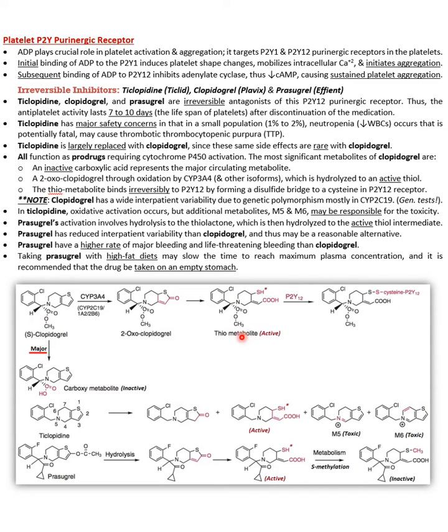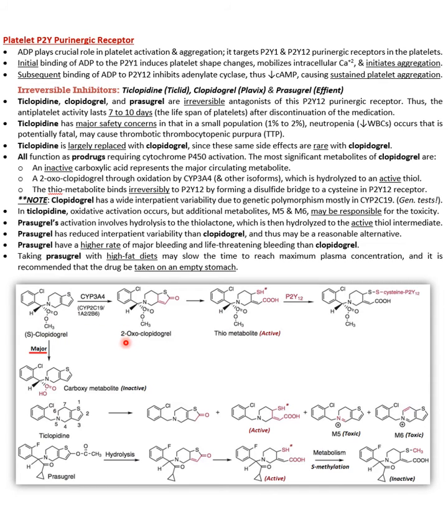Okay, let's see. So I've talked about this and that. I should mention that there is one major concern about the use of clopidogrel or Plavix, which is the fact that it has a wide interpatient variability, which means that this process, which is important for the activation of clopidogrel, can vary from one person to another because of genetic differences.